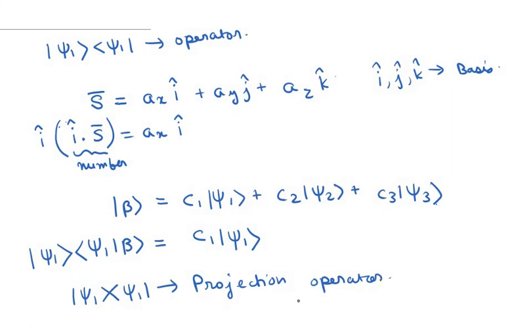This kind of operator projects the actual wave function in its own direction, that is, it gives the component of psi 1 that is present in the wave function beta. So this psi n psi n is known as the projection operator.